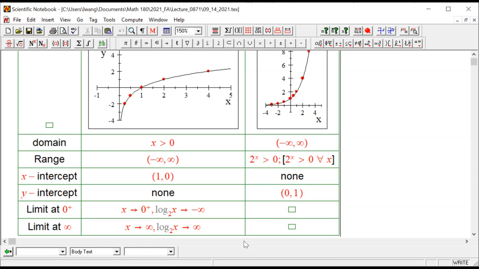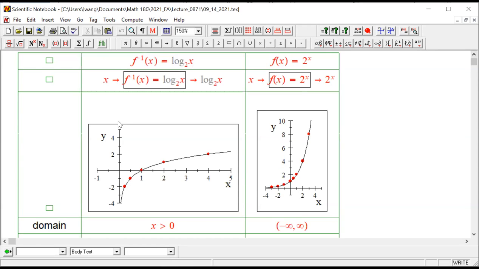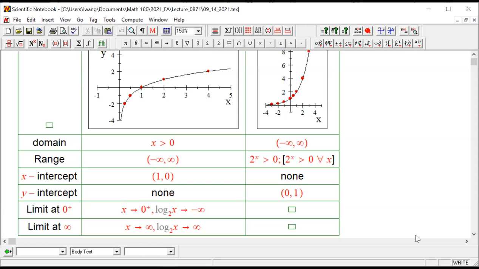And I will also give you the bonus for the limit. But before that, you put these two functions next to each other, right? They are inverse to each other, aren't they? And we have made a statement about the inverse function's domain and range, right? One's domain is the other's range.